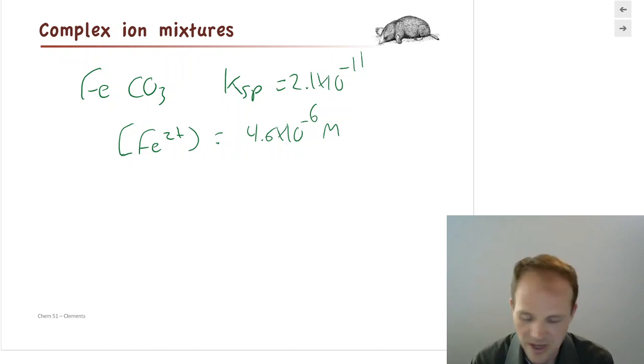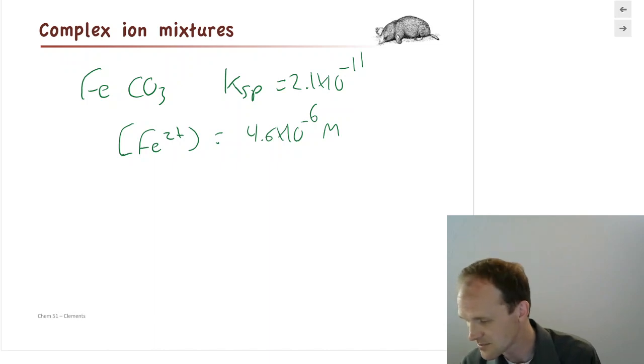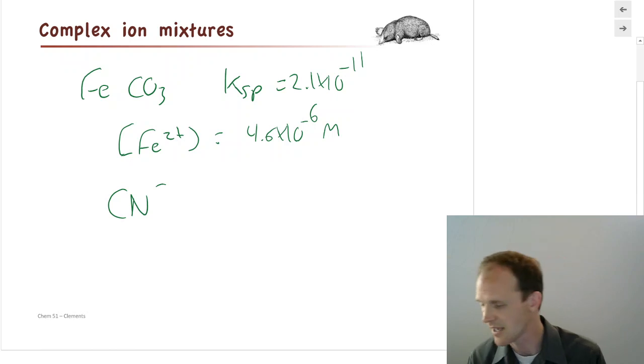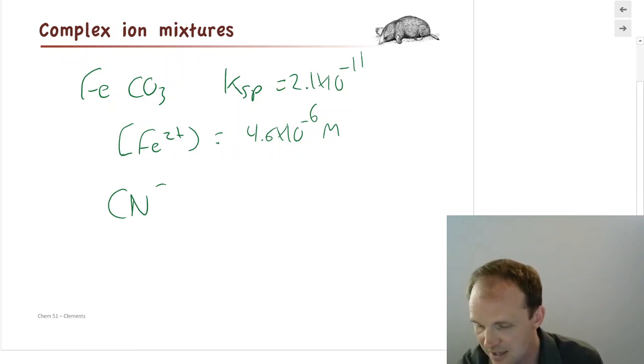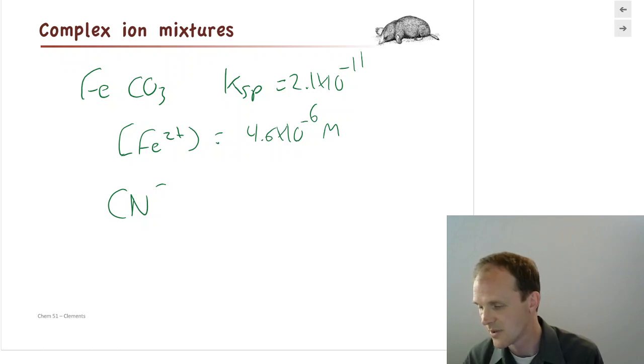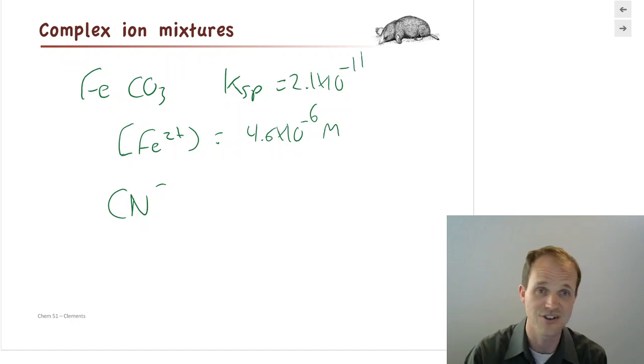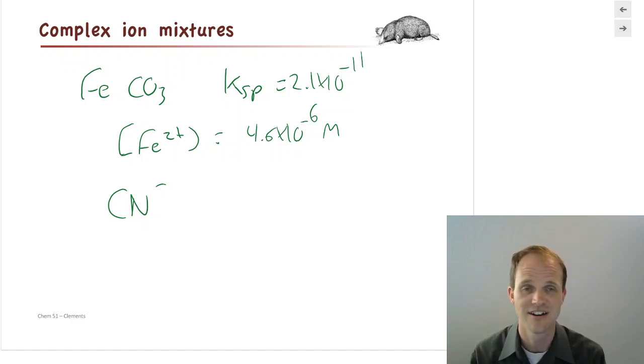But what if, on the other hand, we added some cyanide? What happens if we add some cyanide? Well, what did we just figure out? We figured out that iron, when you put cyanide, can make that iron cyanide complex with this extraordinarily large KSP, or KF value.